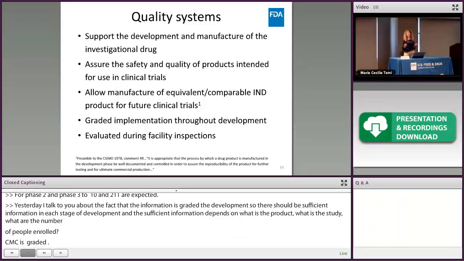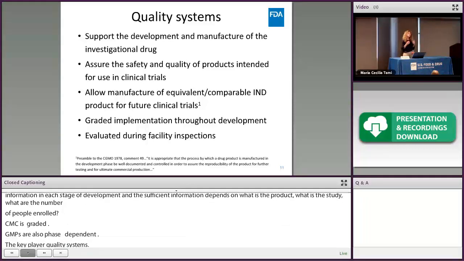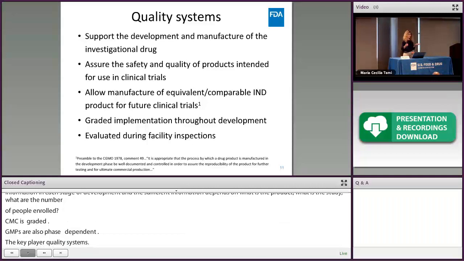The quality systems support the development and manufacture of investigational drugs, and adherence to these quality systems assures the safety and quality of products intended for clinical use.